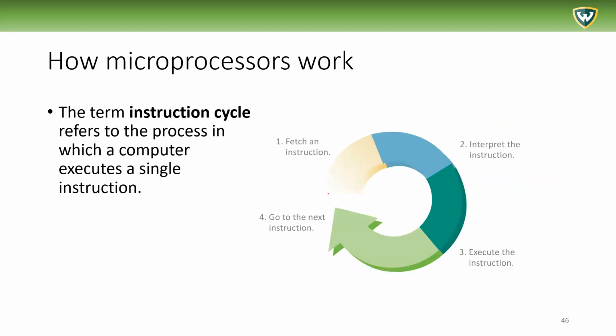The term instruction cycle refers to the process in which a computer executes a single instruction. Often an instruction itself may have various operations. So when you hit the on and off button, some things need to execute on the computer, and the instruction cycle is that cycle of that particular instruction set.